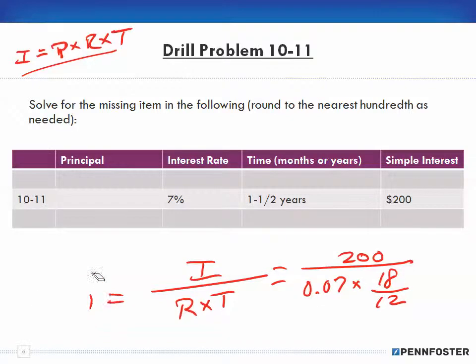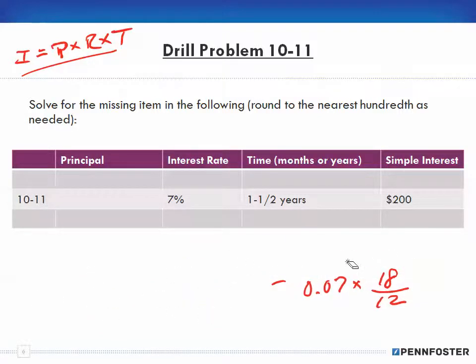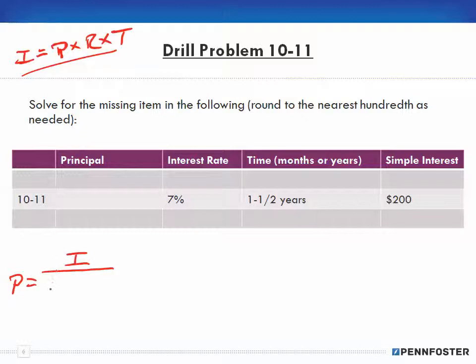So let me erase this and rewrite that, and just quickly go back over it. Here is our formula that we had to remember: interest is equal to principal times rate times time. In order to solve for anything other than interest, if we don't know it, in this case we want to solve for principal. So we set that to interest, which is always in the numerator, and what we have left in the denominator is rate times time.